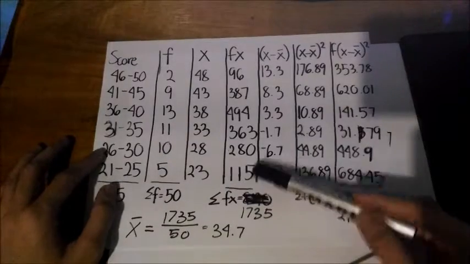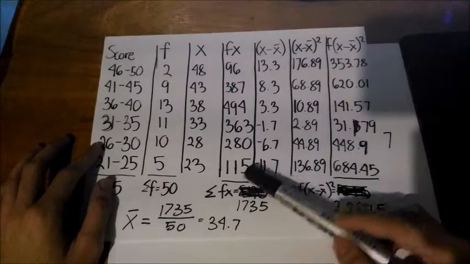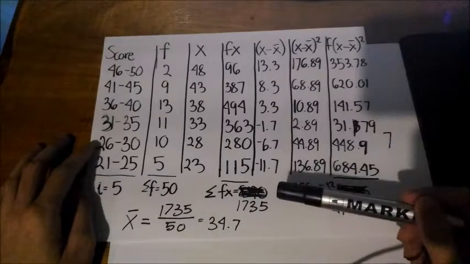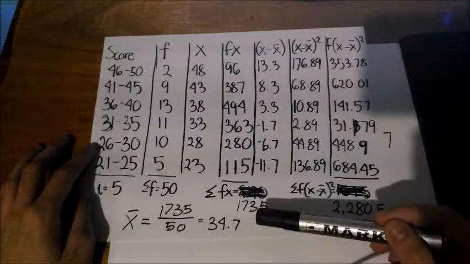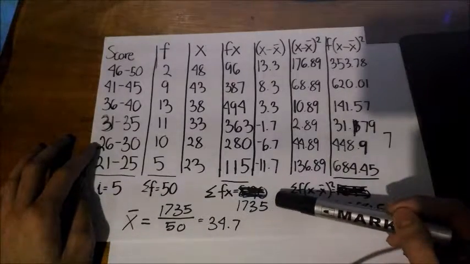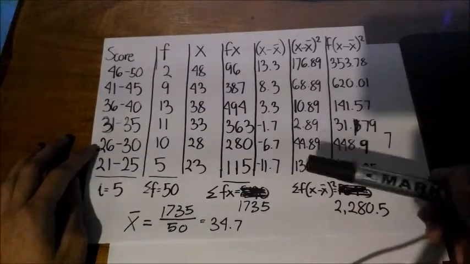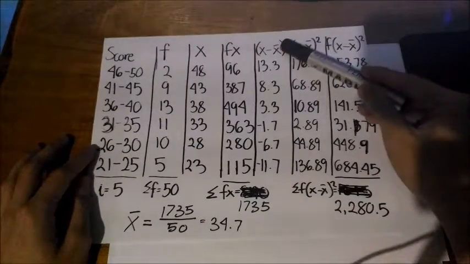Then you add them all up. The sum of fx is 1735.